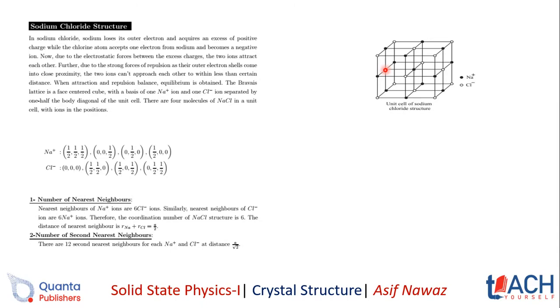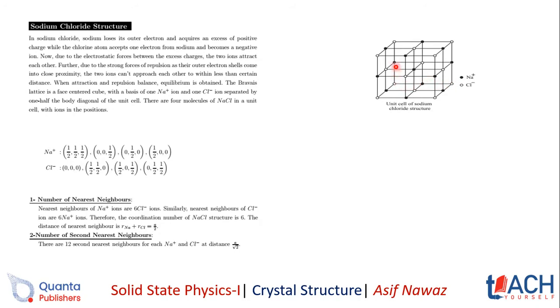The positions of these ions are, let's say we have set this point as an origin, then the sodium lies along the x-axis at 1/2 of the distance of this whole, while the other 2 axes are 0.